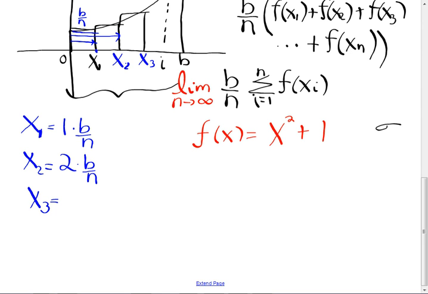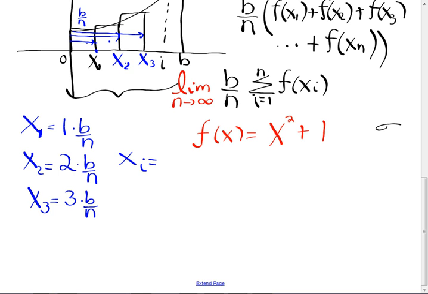Oh, how about this one? How many intervals do I go? 1, 2, 3. Because you're going to have to figure it out on the exam. That's the hard part. So I've got to do this now. Then we'll reverse it in about 2 seconds. Okay, what's the i-th one? What's the x of i then?